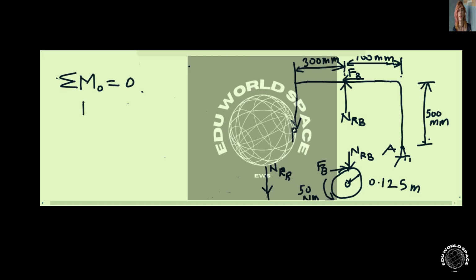We know that torque is force times radius, so FB times the radius. The radius is given as 0.125. Our torque is 50, so from there we can get our FB.